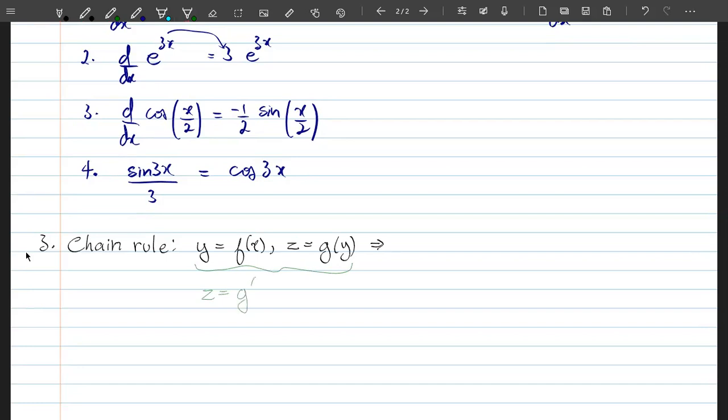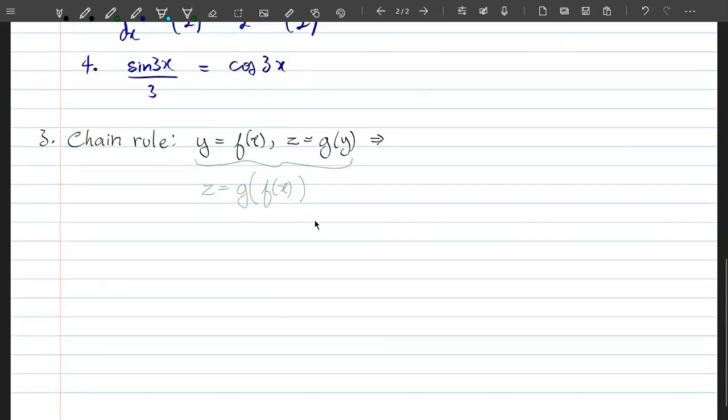Z is g of y, but what is y? F of x. So z is a function of x ultimately, right? It's a function of x, which means it's a function of x, some other function of x, correct?